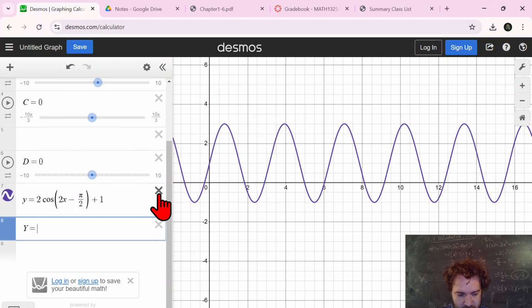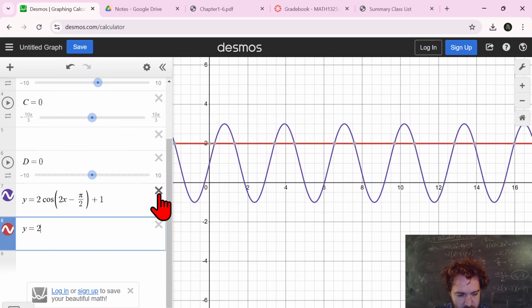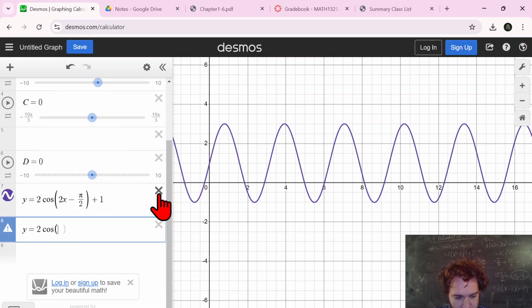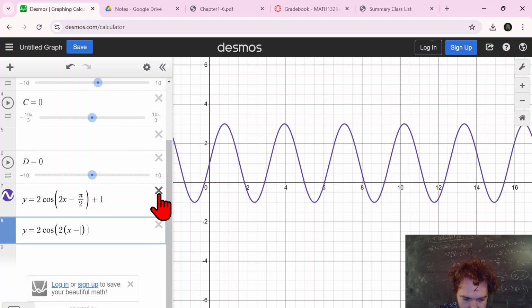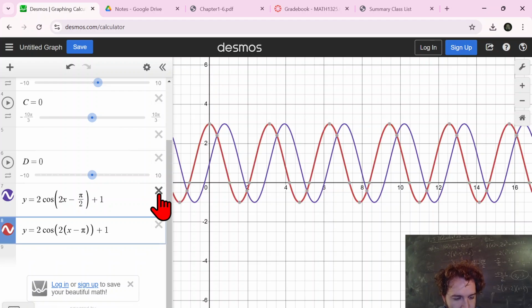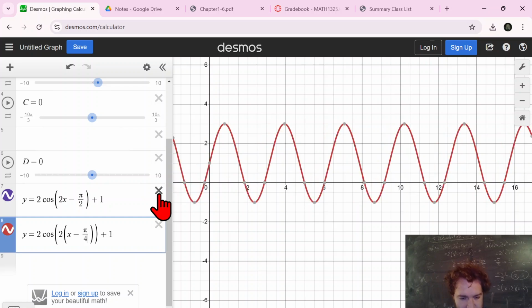So we notice that this is in fact 2 cosine of 2 into x minus something, and then at the very end, I'm supposed to have plus 1. When we figure out what this something is, I need a value that when I distribute 2 into it will equal pi over 2. So pi over 4 happens to be that value.